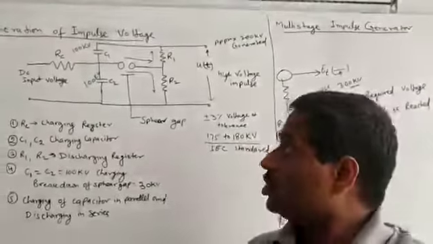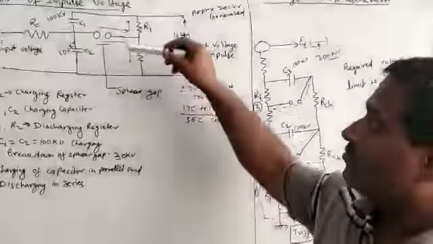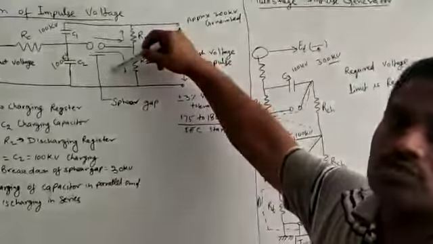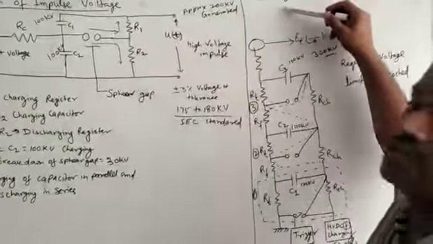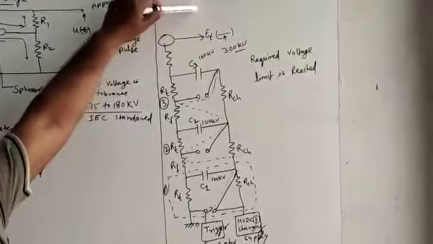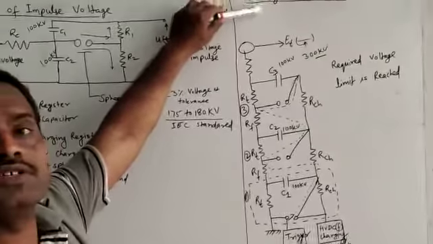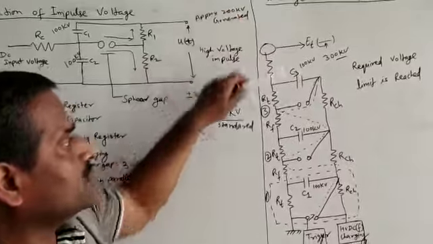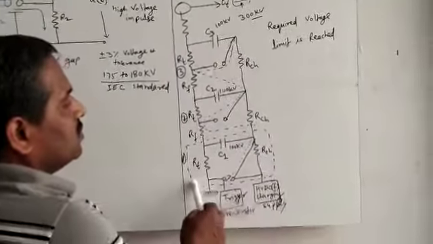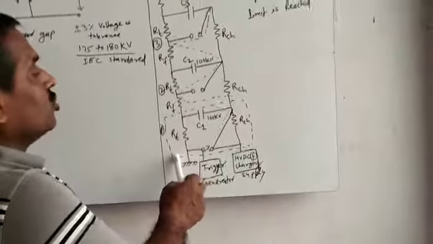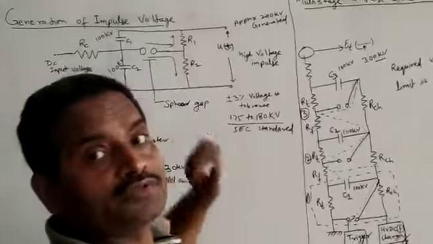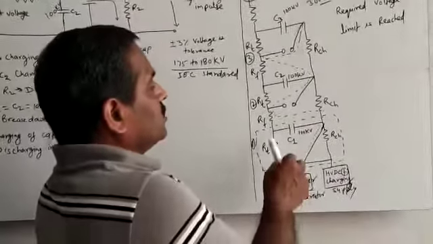Now, if you have understood this circuit principle, then we go to the multi-stage impulse generator. In the multi-stage impulse generator, we use this circuit as the basic circuit, referring to the first simple single stage impulse voltage generator.